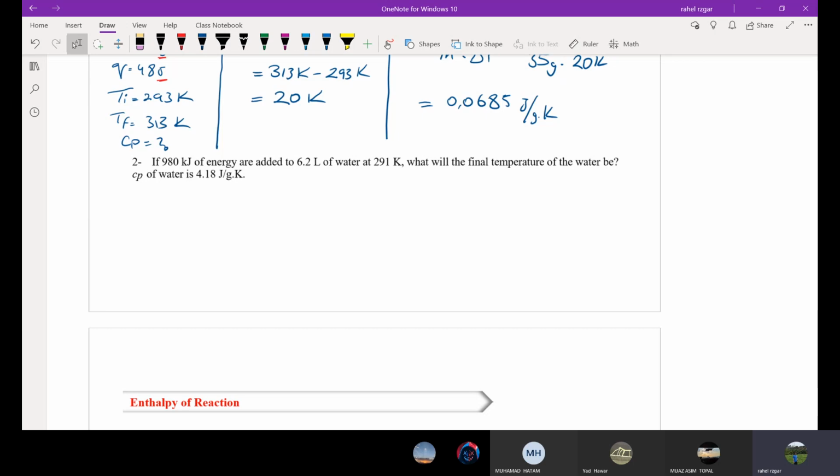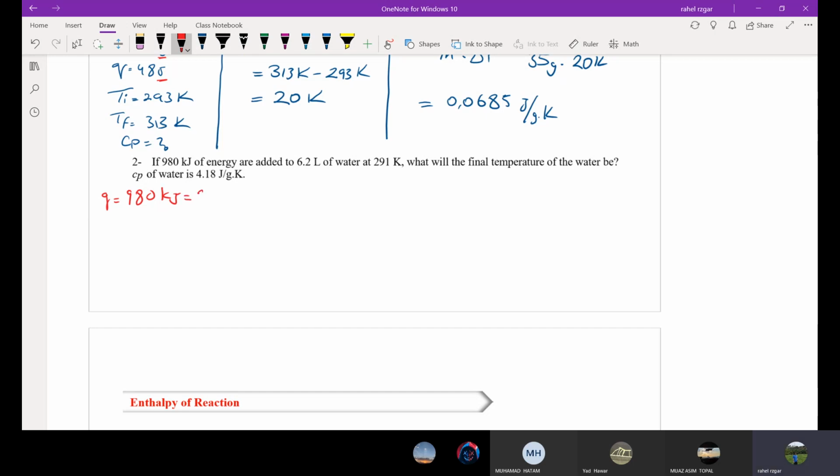All right. Now let's solve the second question. If 980 kilojoules of energy are added to 6.2 liters. So Q again is 980 kilojoules. But as we said, you shouldn't use kilojoule, you have to convert it to joule.